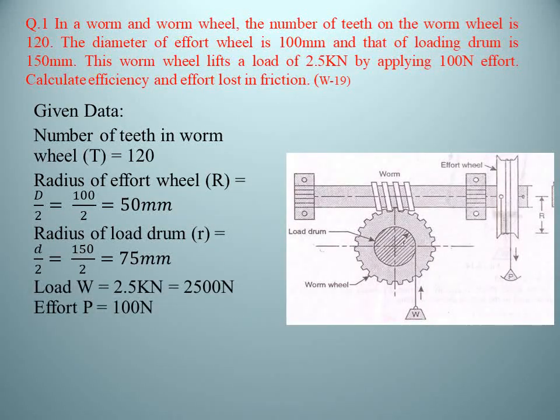Then they give the load W equal to 2.5 kN, and in Newton it is 2500 Newton, and also they give the effort 100 Newton. Okay, and we want to calculate here the percentage efficiency and the effort loss in friction in this machine.